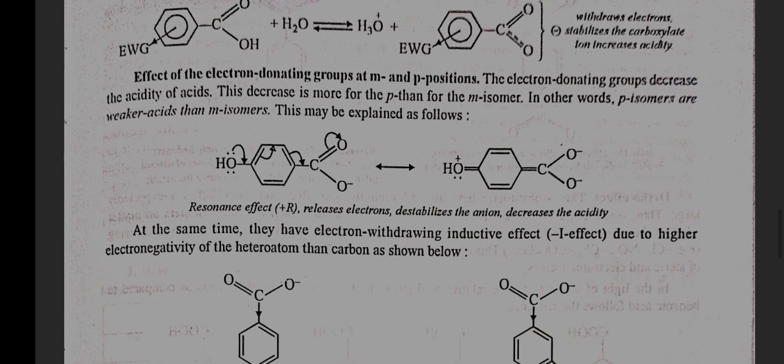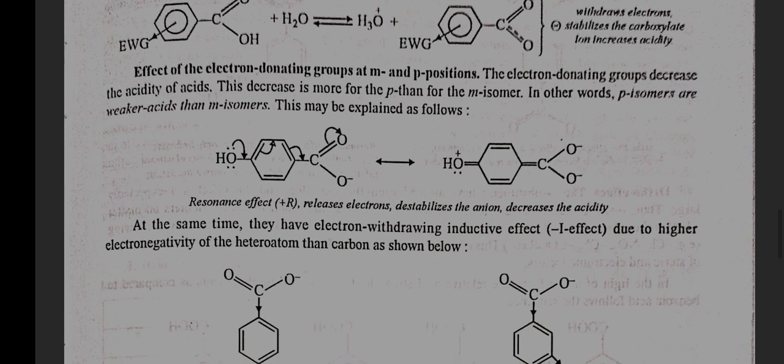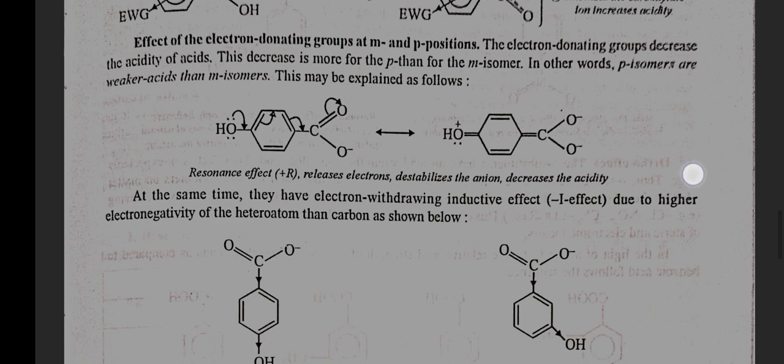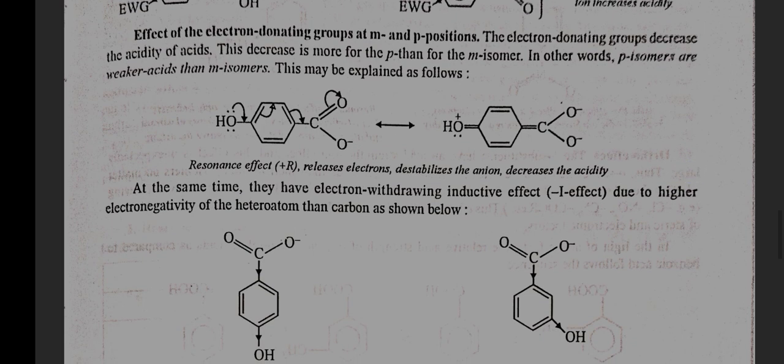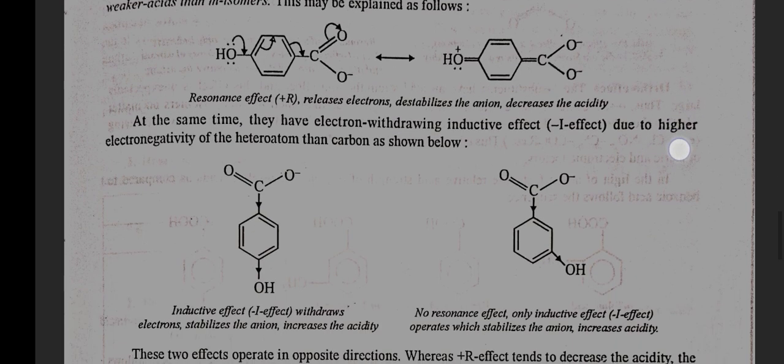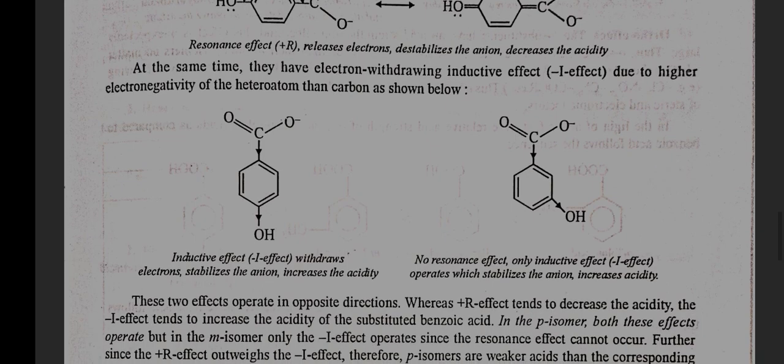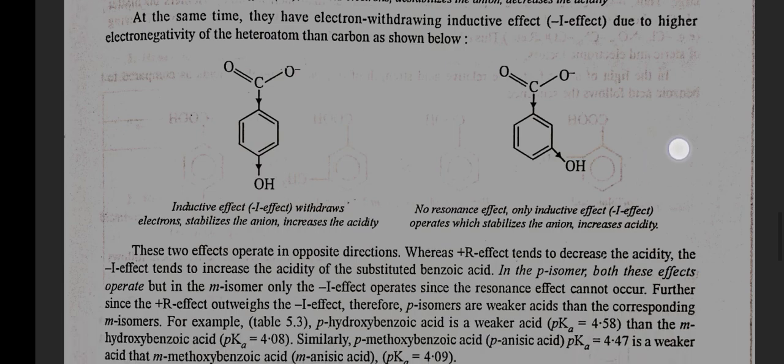Effect of the electron donating group at meta and para position. The electron donating group decreases the acidity of acids. This decrease is more in the para than the meta isomer. In other words, para isomers are weaker acids than meta isomers. This can be explained as follows: at the same time, they have an electron withdrawing inductive effect due to the higher electronegativity of the heteroatom than carbon.